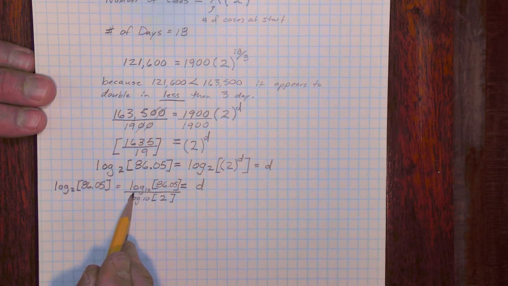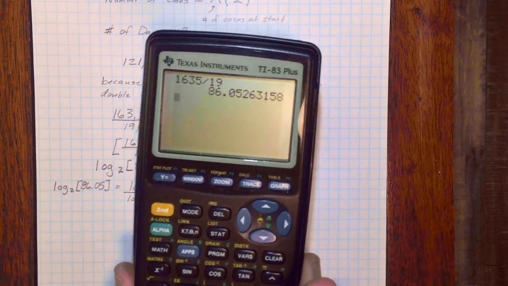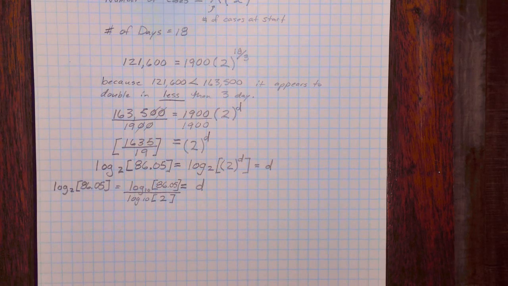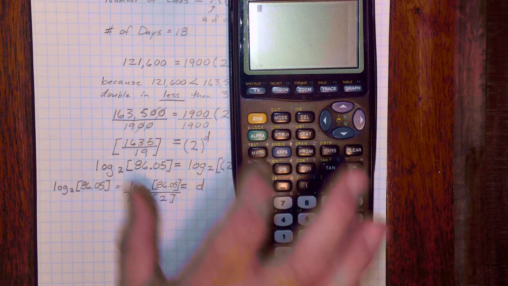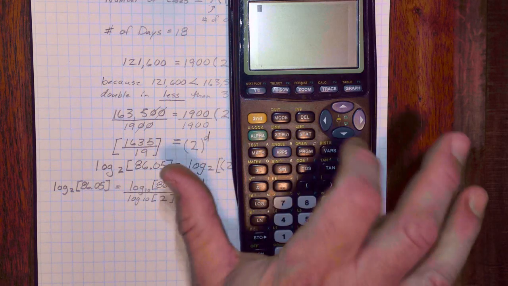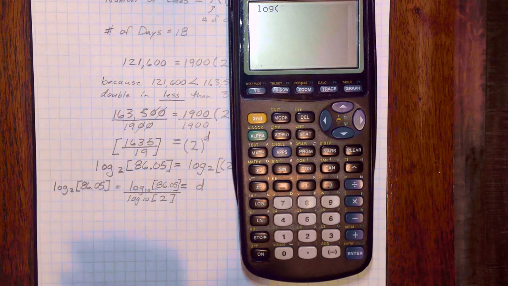Except this is nice because our calculator does these. So my TI 83 plus that I have right here, we'll go ahead now and show you how to do that on the calculator. So this particular command right here, so just hit clear a couple times. Always like to do that first. All I have to do is log. Okay, there's no 10. It's understood.